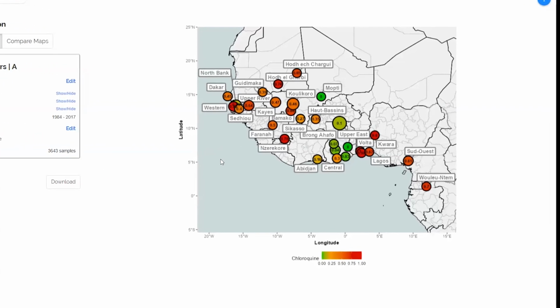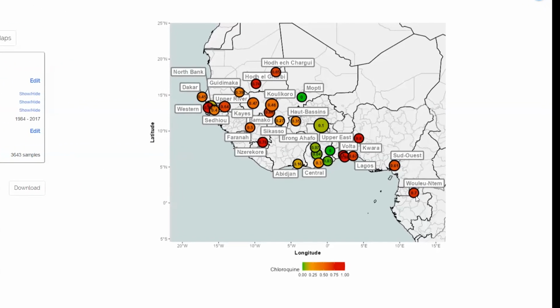Now let's zoom in into West Africa. All right, so here we can see the chloroquine resistance from the samples collected in West Africa. Now here we can see that there's quite high resistance region-wide, with a pocket here of chloroquine sensitivity.